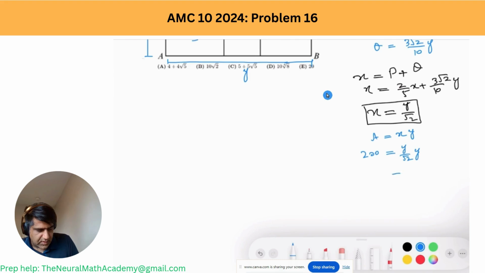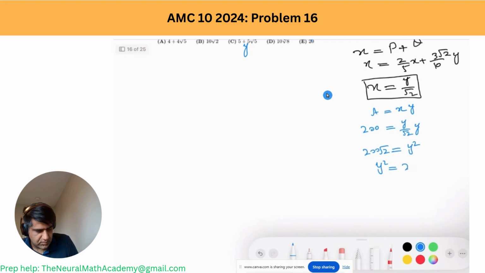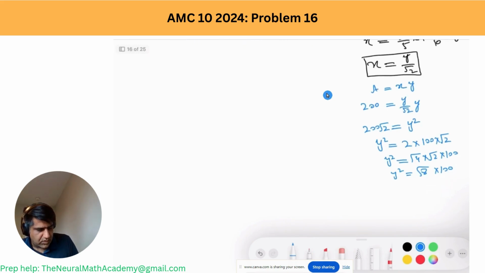So now I can write y square equal to 200 square root 2, or I can also write it like this. Now if I take the square root on both sides, I would get y equal to, multiply by 100, and so sorry, it would be now 10.